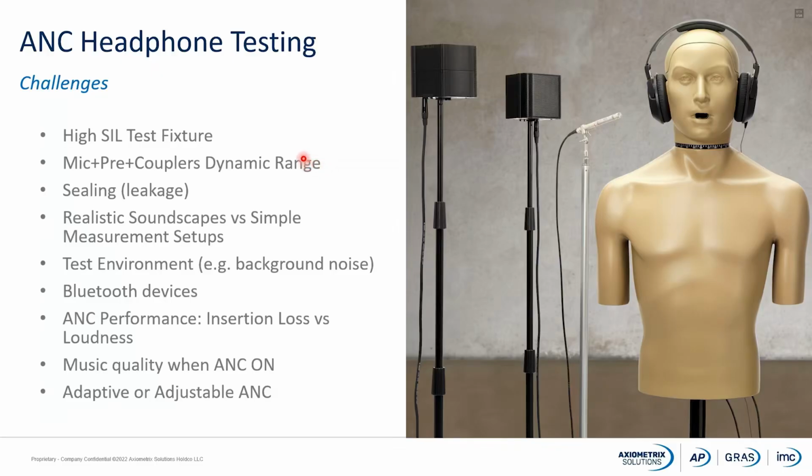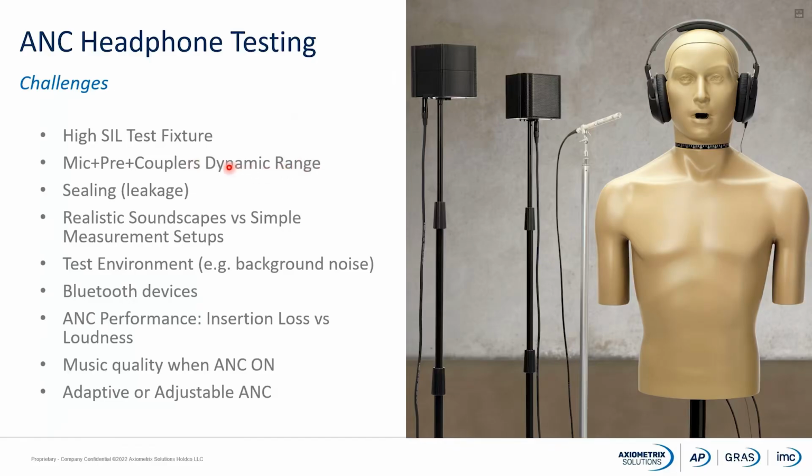Let's say if we want to test with signals close to 120 dB, for example, 130, most ear simulators won't be able to deal with such a high sound pressure level, and we'll probably need to look for other solutions.